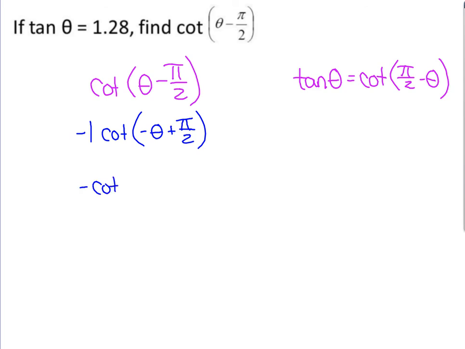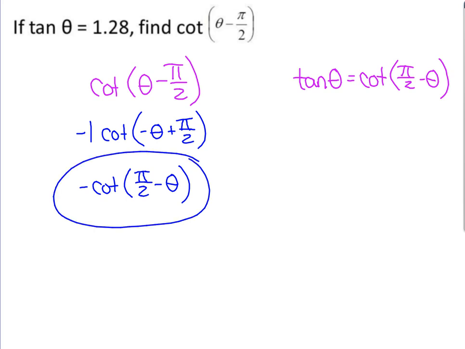So negative cotangent of pi over 2 minus theta would equal a negative tangent of theta, because this is negative. We plug this over in here. A negative cotangent of pi over 2 minus theta will equal a negative tangent of theta.